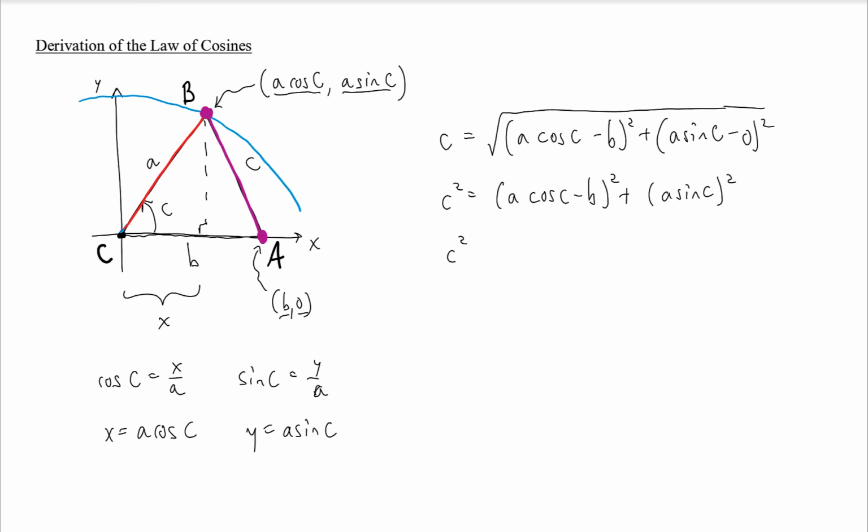So c squared is equal to a squared cosine squared c minus 2ab cosine c plus b squared plus a squared sine squared c. Okay. Where can I go from there? Well, let's see.